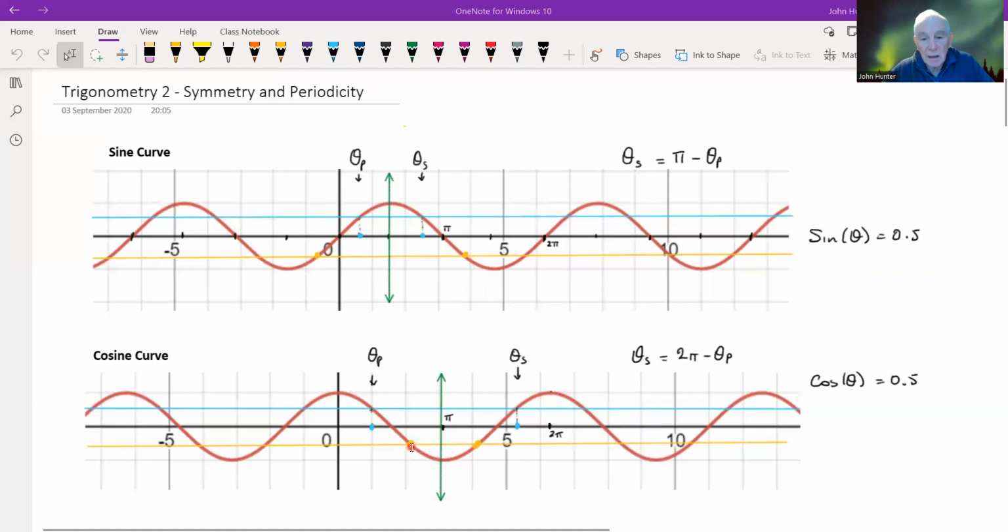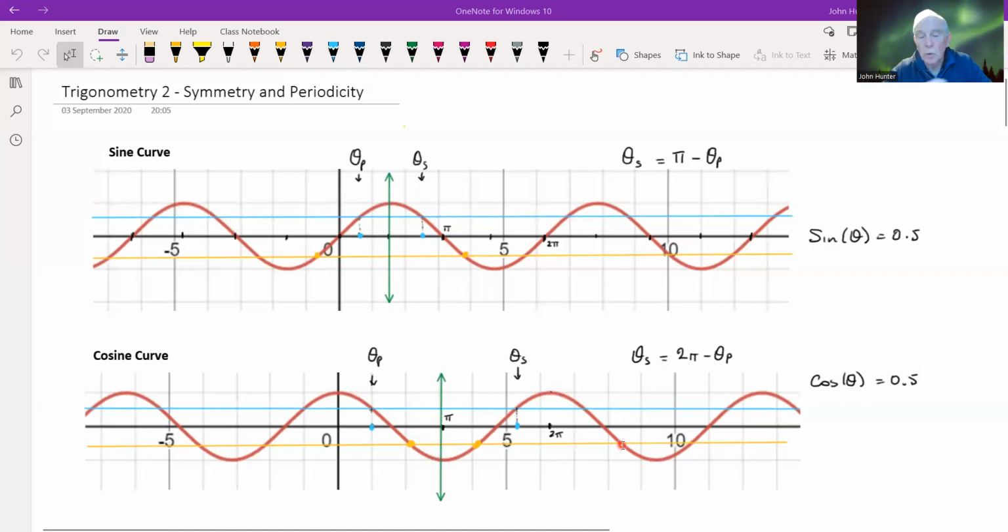And again, if we're looking at the negative values, then this little equation still works. In this case they're both positive anyway, but if we were to find this solution, that would identify this solution here. Okay, so that is through the symmetry.